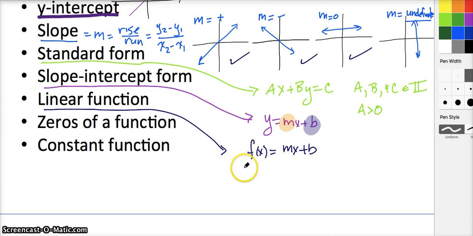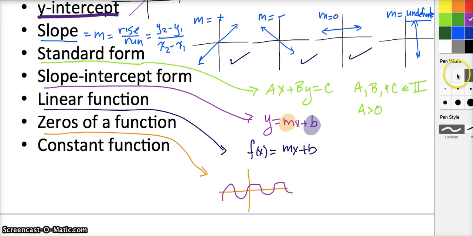So zeros of a function, interestingly enough, are the values that would make the function zero. But zeros of the function visually will also be, I'm going to show you, the x-intercepts. So let's say I had this function, and so I'm actually going to talk about not just linear functions. Let's say I had a funky sine function, and we'll talk about that later.